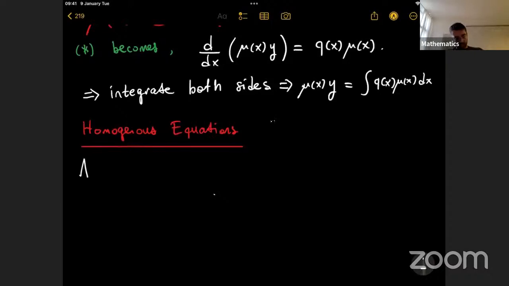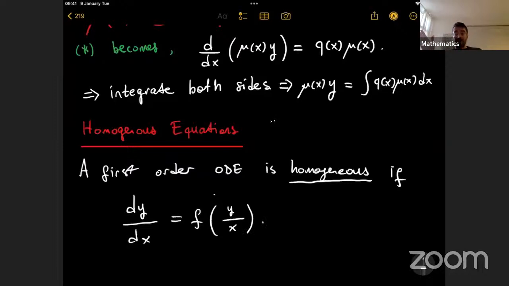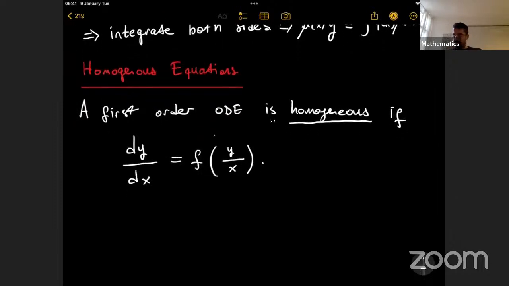A first order ODE is homogeneous if dy/dx is equal to f(y/x). On the right hand side, it's a function of two variables, x and y, but you can write this as a function of one variable. The variable is y over x. We will do examples and you will understand this better.